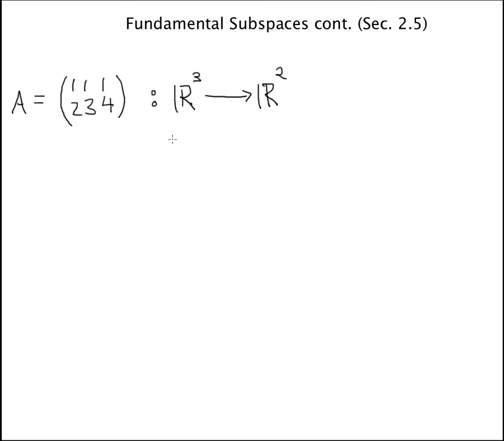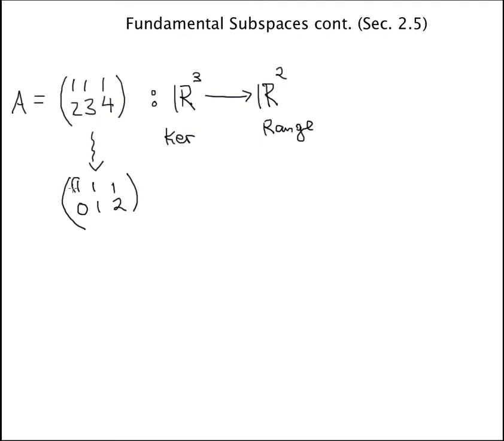And the kernel is a subspace of R3, and the range is a subspace over here. And what do we know about those? Well, if you put this matrix into row echelon form, you get 1, 1, 1, 0, 1, 2.